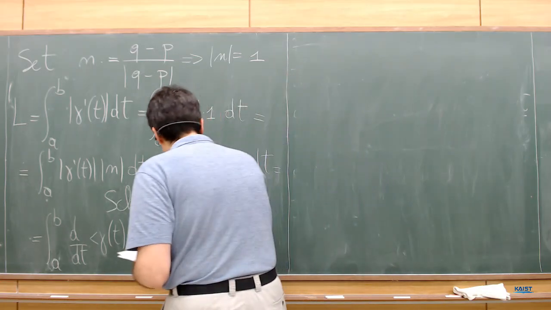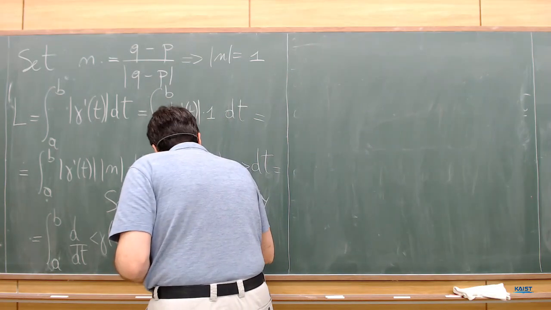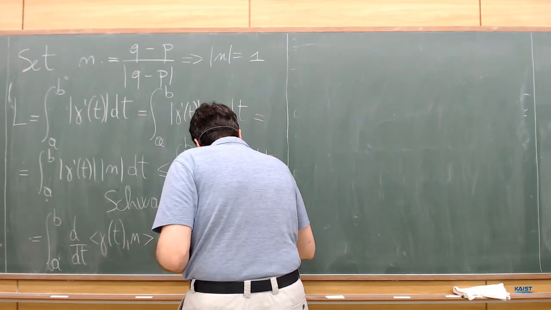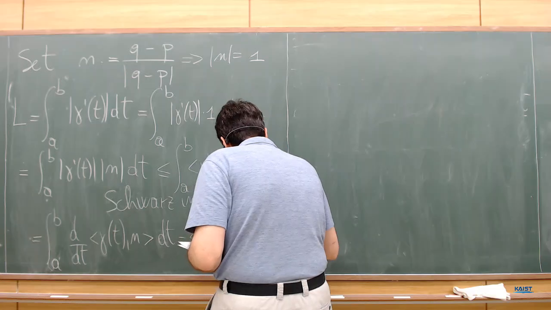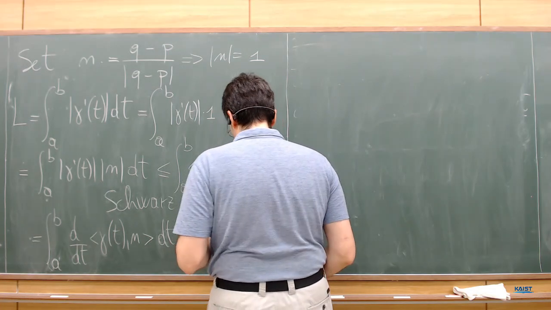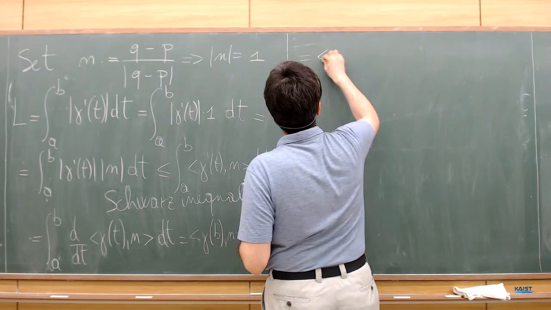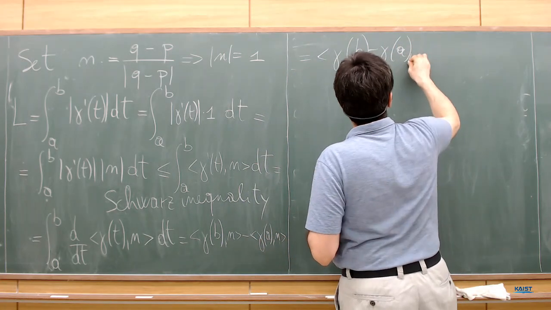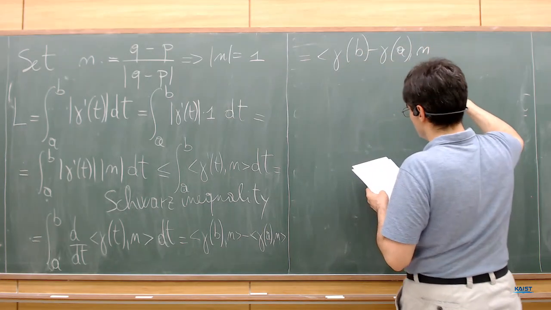So this is a difference of gamma of b multiplied by n and gamma of a multiplied by n. But this is equal to gamma of b minus gamma of a, times n.